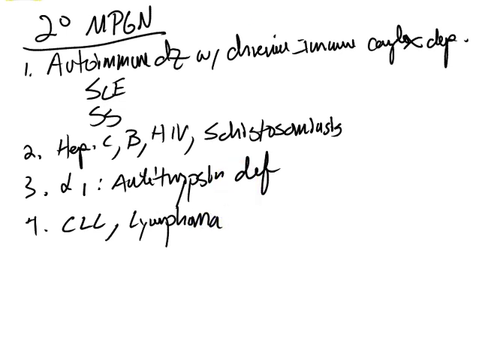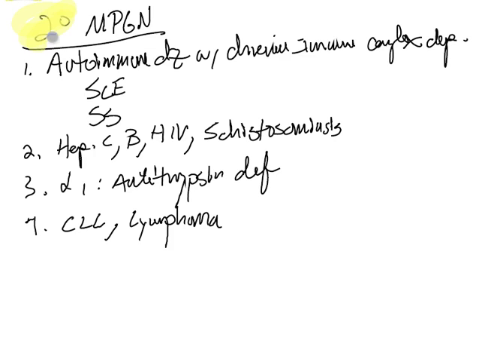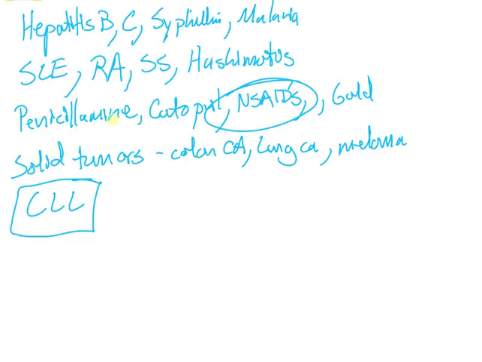So look at the key differences, or look at the key right here. I'm going to take you a couple slides back. I want you to notice something. And these are all secondary causes, but the CLL, the hepatitis C and B, all of this, SLE, Sjogren's, look back up here, right here.